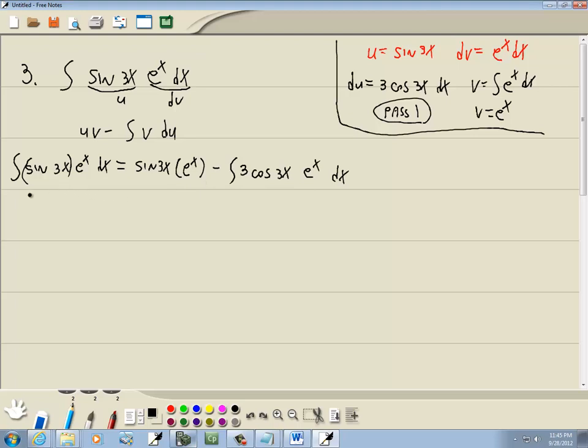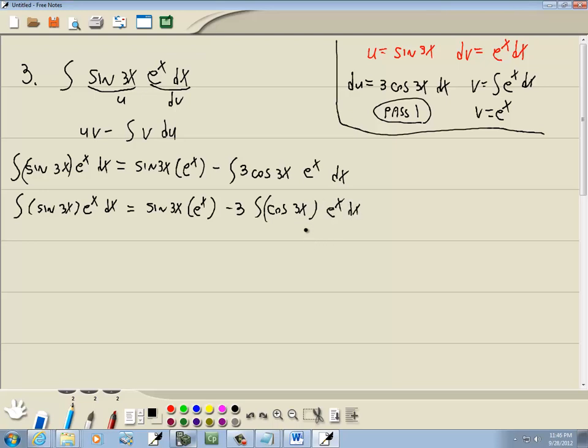Okay, so this gives us the integral of sine 3x e to the x dx is equal to, and I'll leave it in that form temporarily, sine 3x times e to the x. Take that 3 out in front, so we got minus 3 times the integral of cosine 3x e to the x dx.